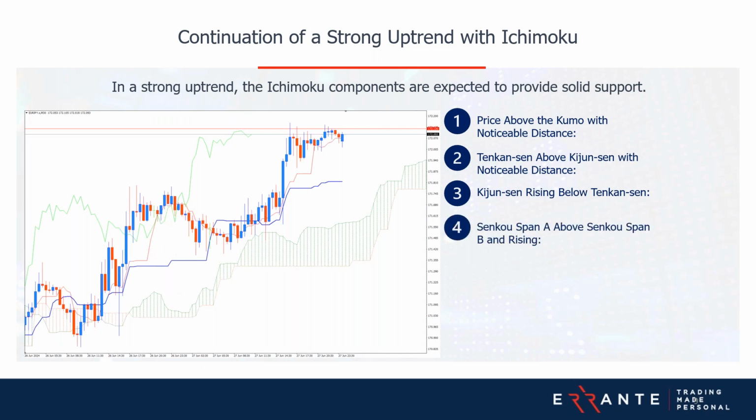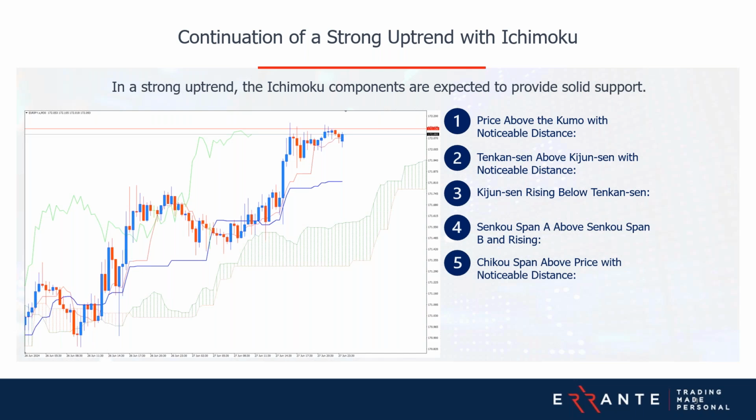And then we have Senkou span A above Senkou span B. This configuration of the leading spans indicates that the future outlook is bullish because it indicates a bullish Kumo, yes? And it suggests that the market expects higher prices.